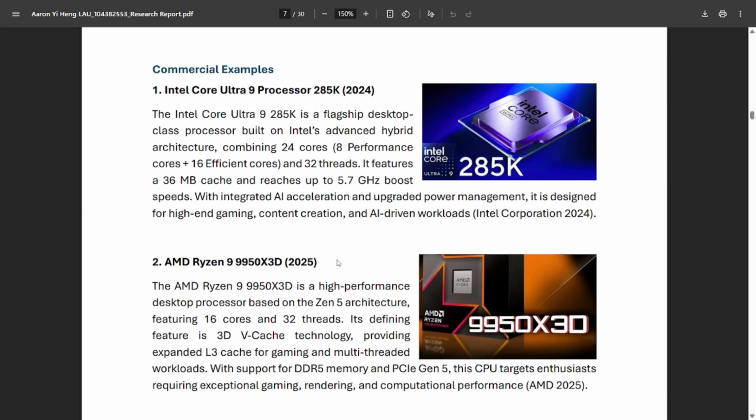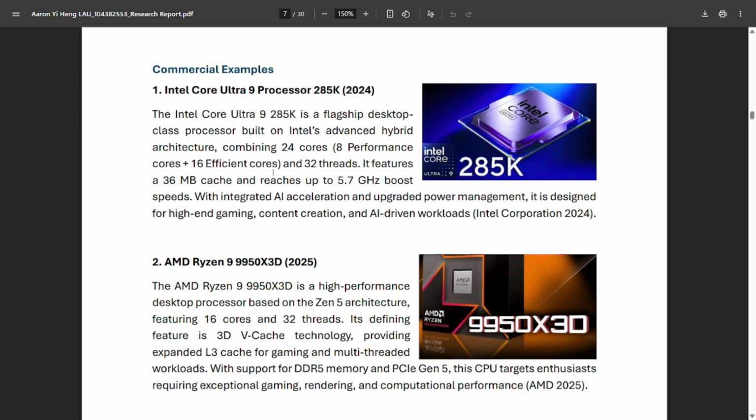Next, I include several commercial examples of modern microprocessors, and the pictures in the report help illustrate them clearly. The first picture shows the Intel Core Ultra 9 285K. This flagship desktop-class processor is based on the Intel hybrid architecture. It combines 24 cores, 8 performance cores and 16 efficient cores, with 32 threads.